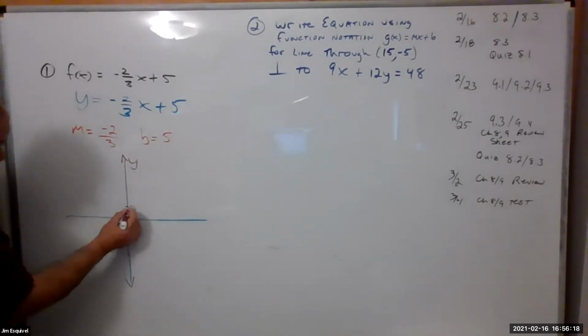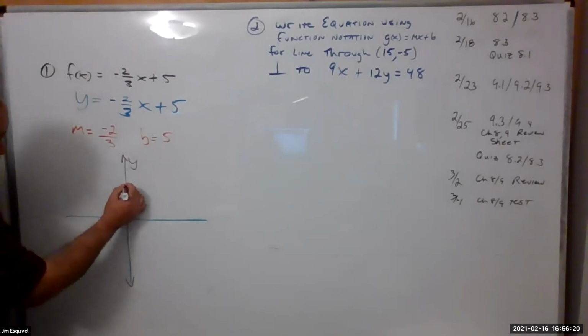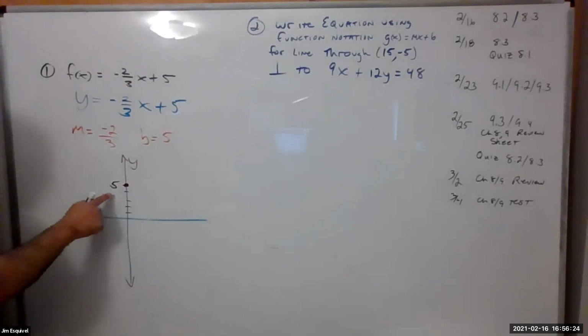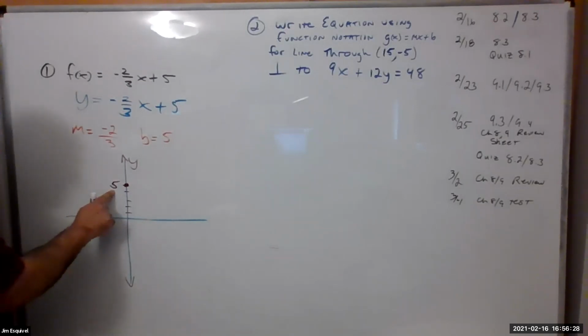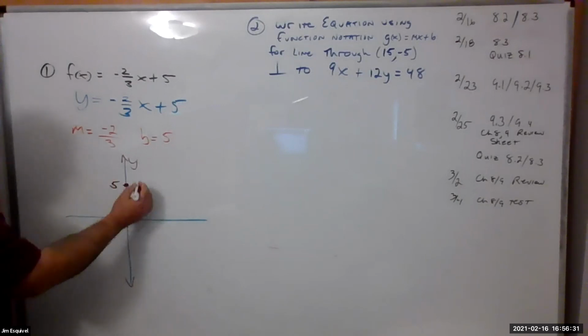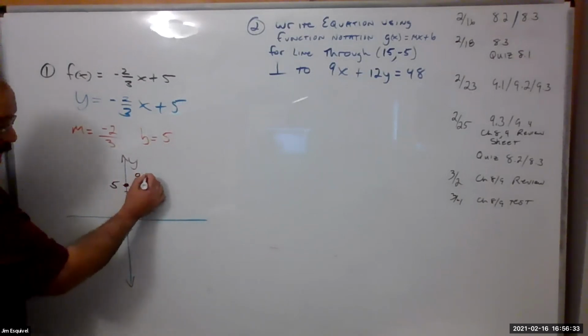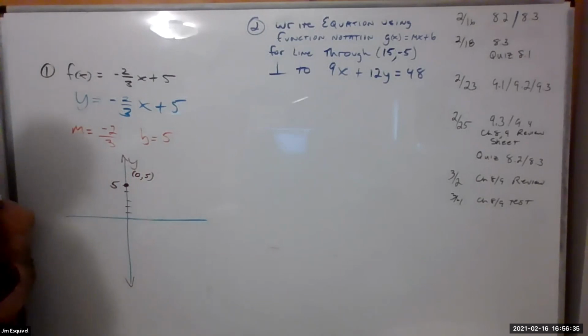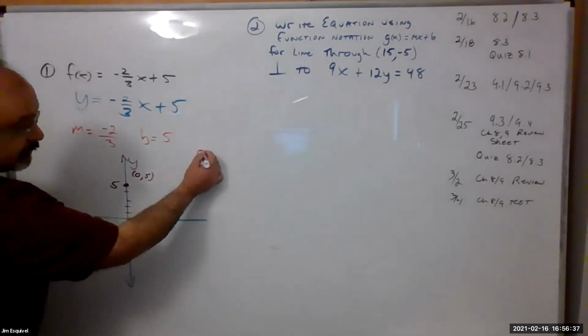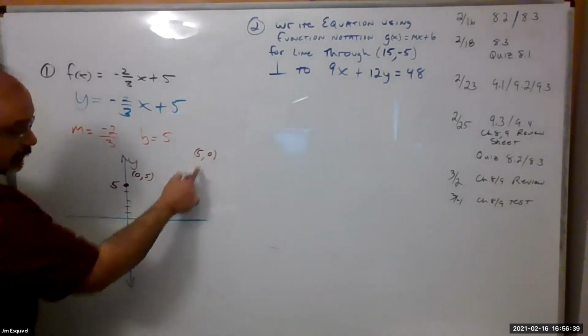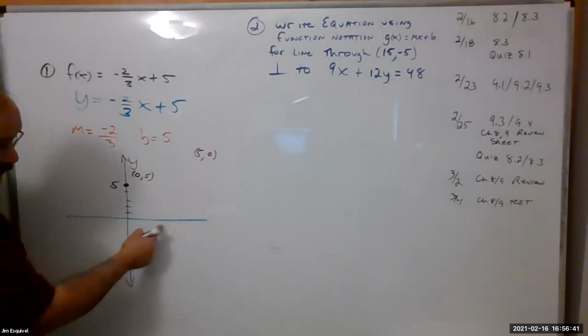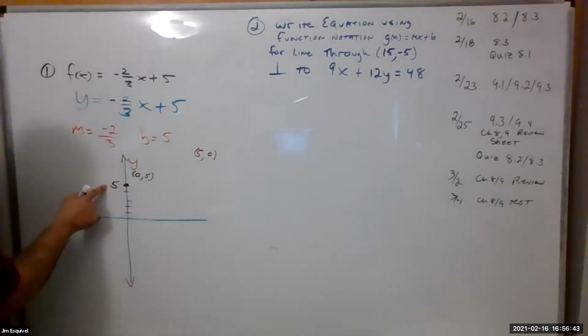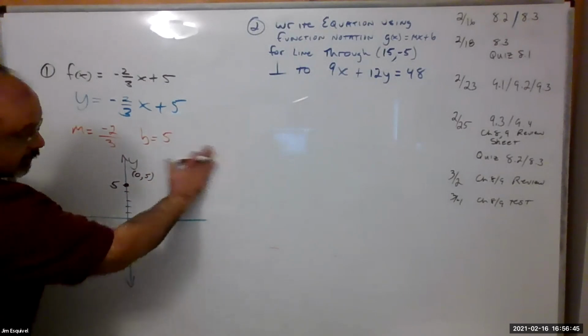So 1, 2, 3, 4, 5. Label that. And again, you only need to use a single number. No parentheses around single numbers. Some people used an ordered pair, which is 0, 5, which is perfectly fine. There were a few people that put 5, 0. 5, 0 is over here on the x-axis. It's not up here. So that's why that would be wrong.